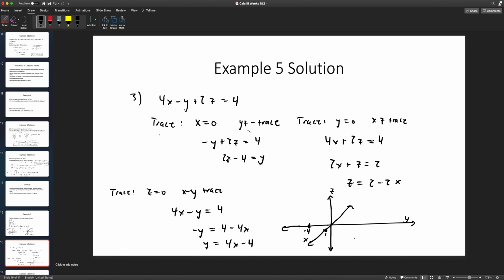And so on and so forth. We get a line over here, so we can keep on going. x is 2, for example, then y is 4, and we can keep on going.